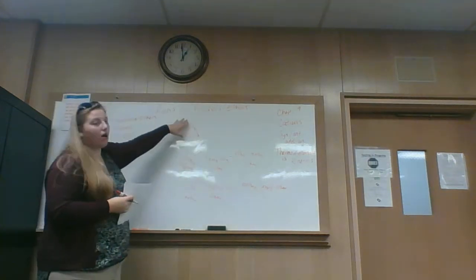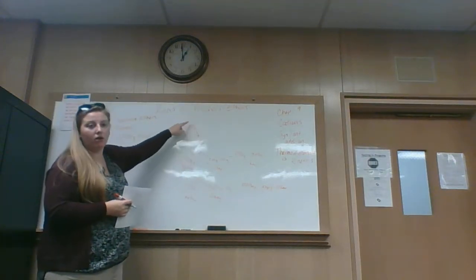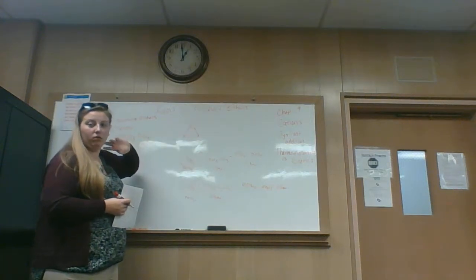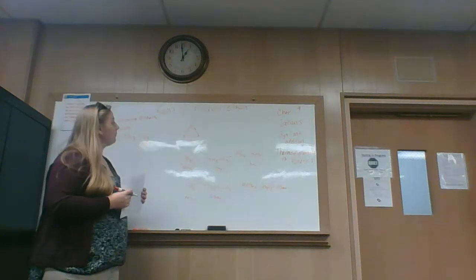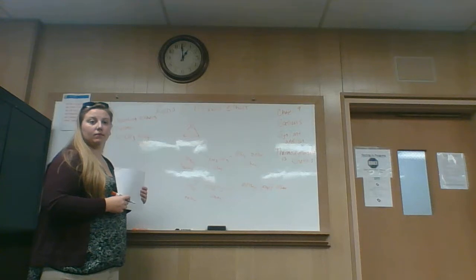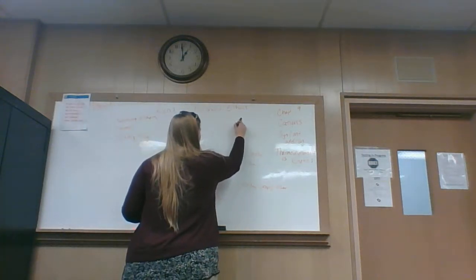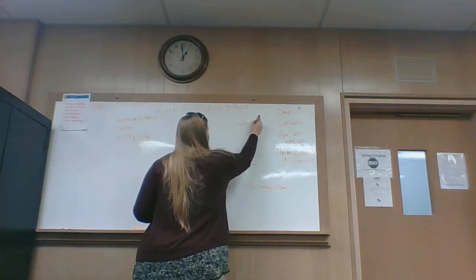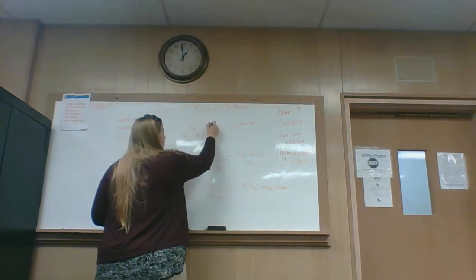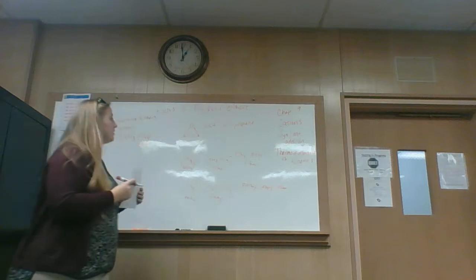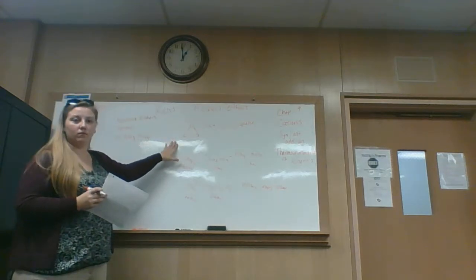So if we didn't have an oxygen here, if it was just a triangle, what would be the name of that molecule? Cyclopropane. Cyclopropane, good. With cyclic ethers, all you do is add oxa in front of it. So this is oxacyclopropane.